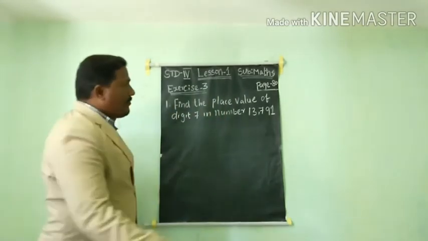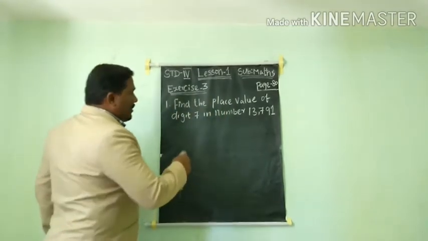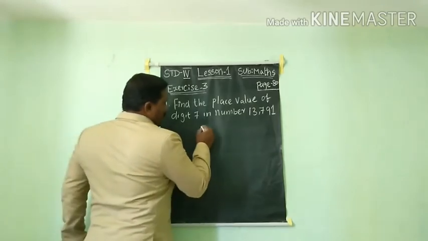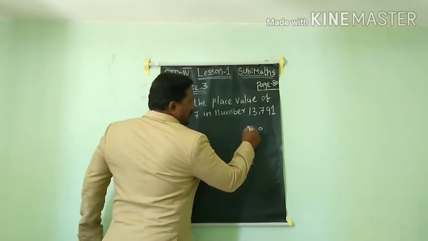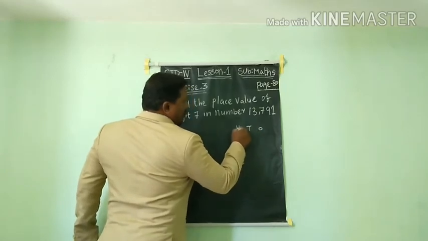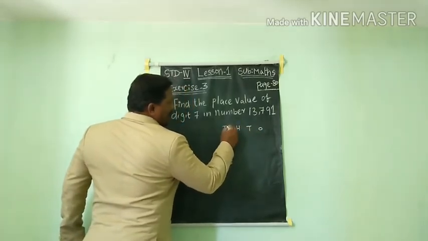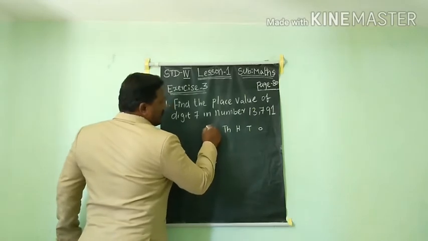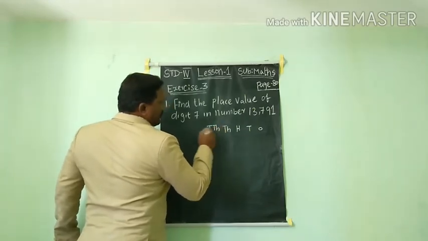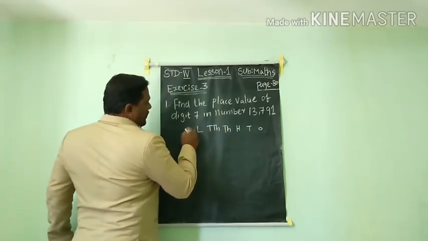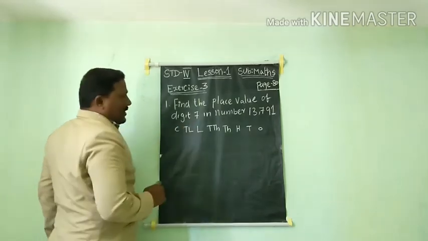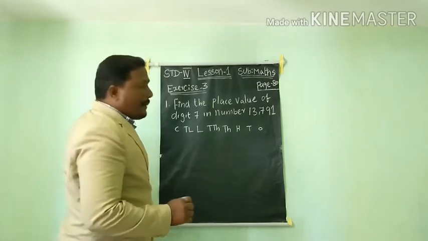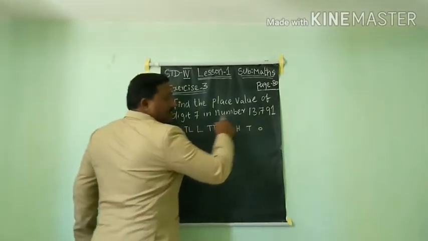So we will create one table: first the 1's place, then the 10's place, 100's place, then 1000's place, 10,000's place, then lakhs place, 10 lakhs place, then crore, like this. We will first create a table, then place the number.